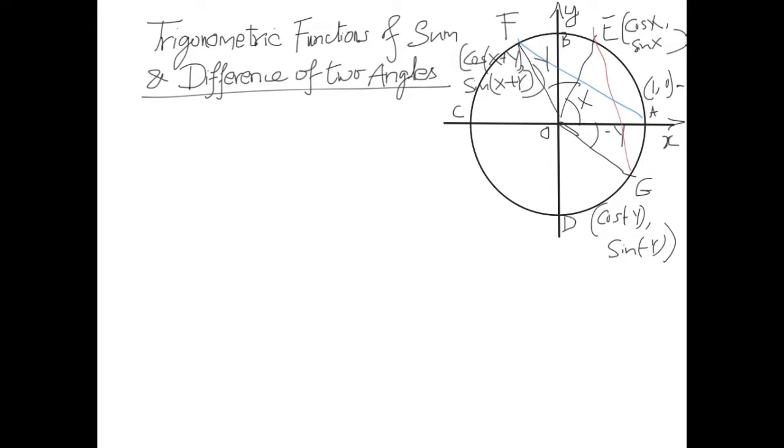We will not prove that expression here, you can prove it for yourself, but we will write the conclusion, which is cos of x plus y is equal to cos x cos y minus sin x sin y.